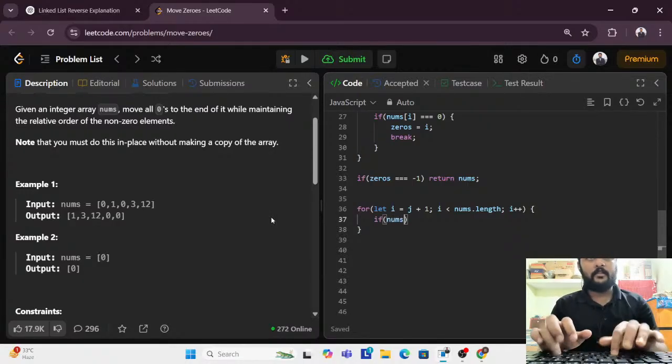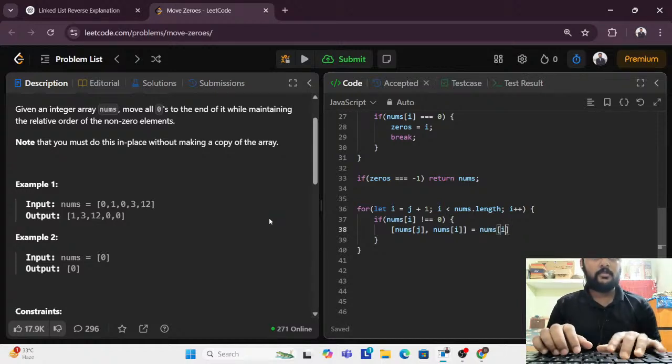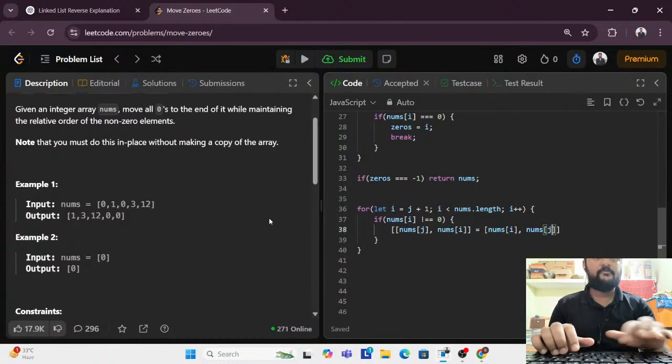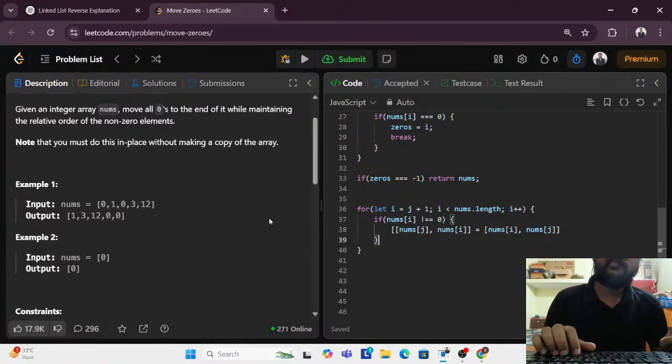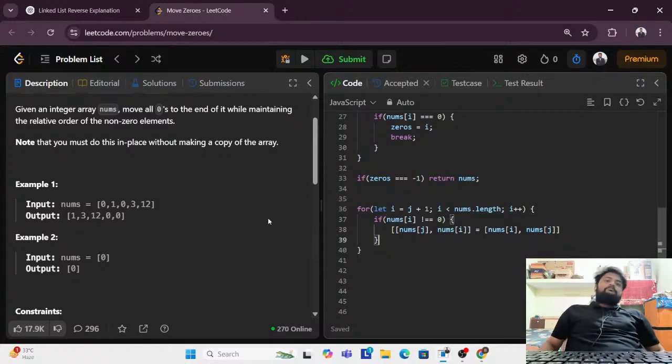If anywhere we find nums of i is not equal to 0, we just replace nums of j with nums of i, and nums of i with nums of j, right? Else, just move on.